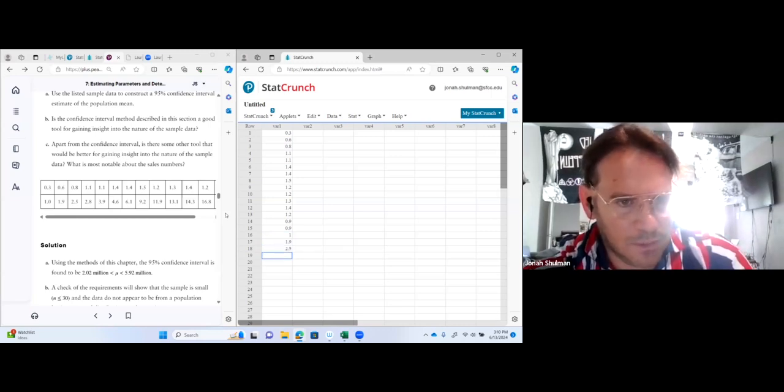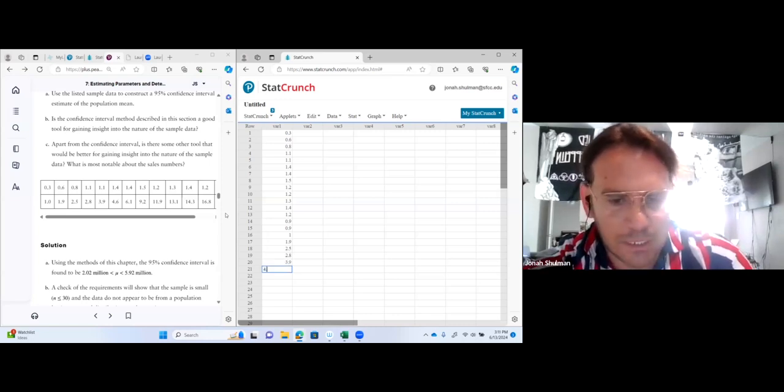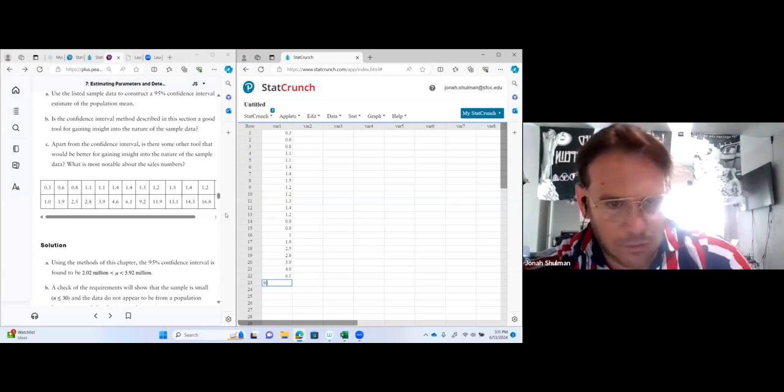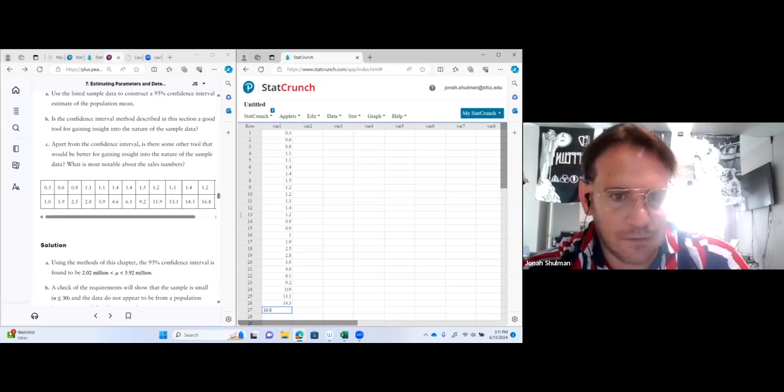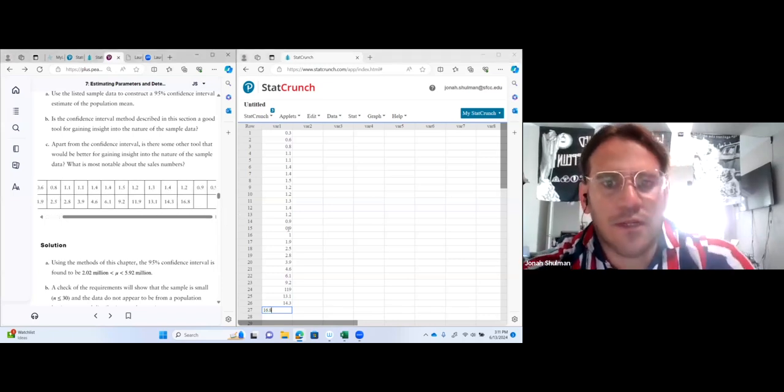Here's where it gets crazy. 2.8, 3.9. I don't think we need to do it in order. 13.1, 14.3. So I think the last one's 16.8. Gotta love inflation. All right, here we go.